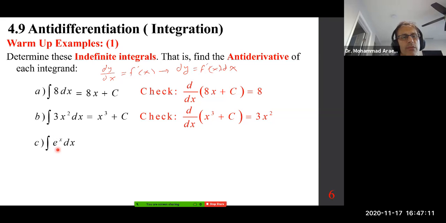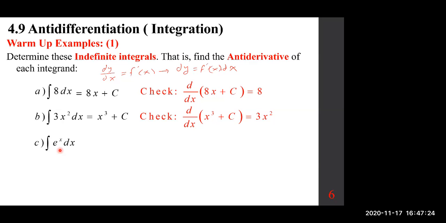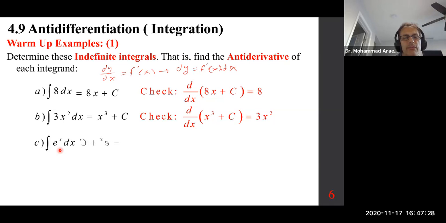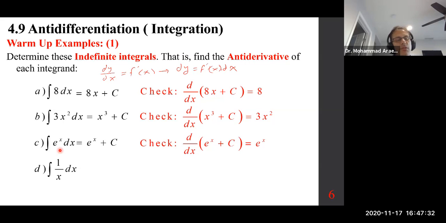What function should we differentiate to get e to the power of x? It's itself, e to the power of x, plus a constant. Now we differentiate the right side to show we haven't made a mistake.